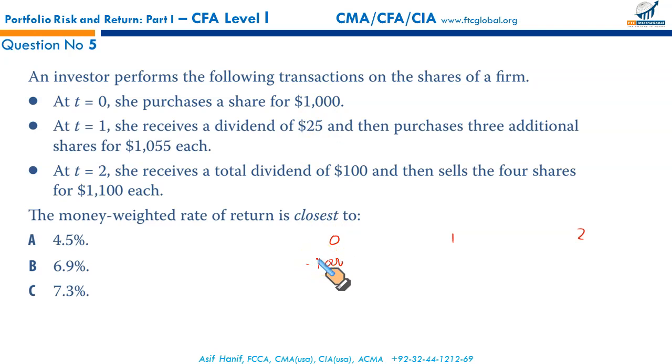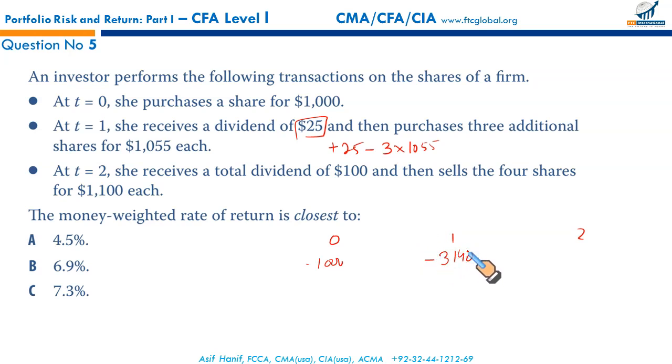Then at T1, she receives $25, which is positive, and at the same time she purchases 3 additional shares at $1,055 each. If you calculate 3 times 1,055, and deduct, and this is a negative number, mind it, and to this add 25, what you get is negative 3140.